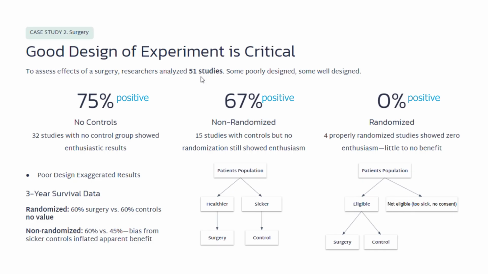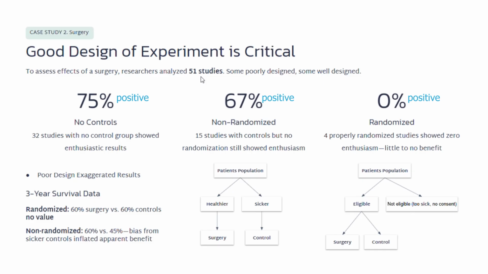If you look at those studies that were controlled, but poorly controlled with bias, where the assignment to the treatment and control were not randomized, you see that 67% of these studies showed positive results. So as you improve the quality of the experiment, you see different conclusions from the studies.